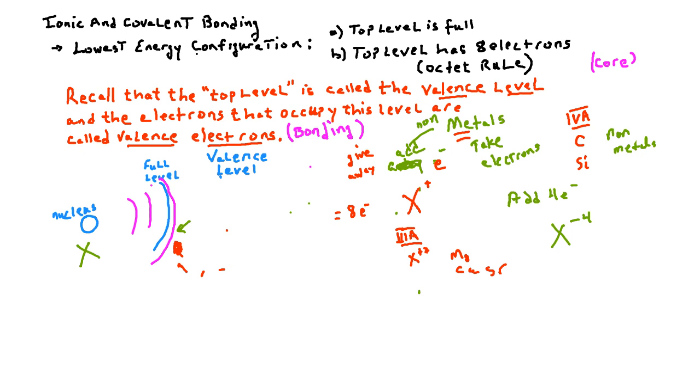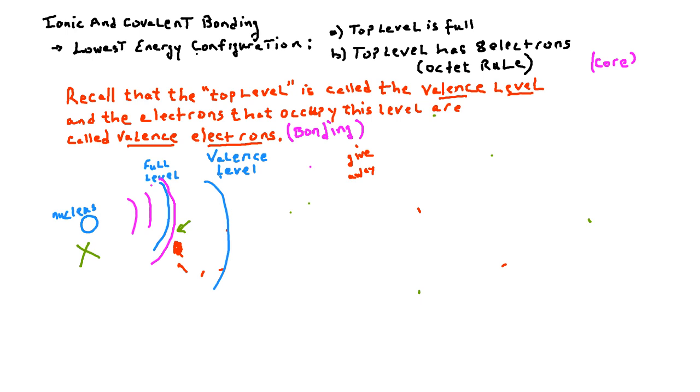There's a valence level. Now let me erase a little more. So nonmetals add electrons. Get rid of all this kind of stuff.